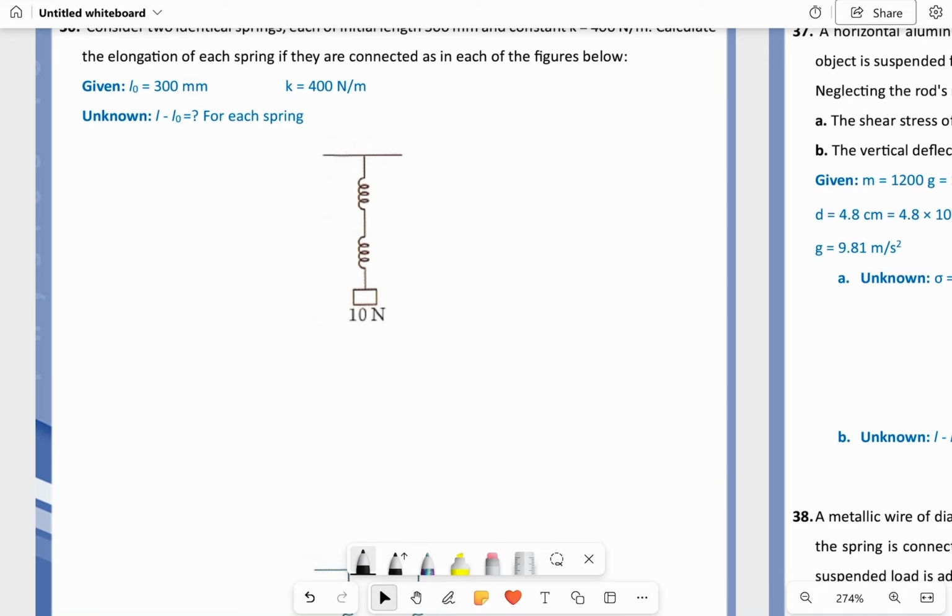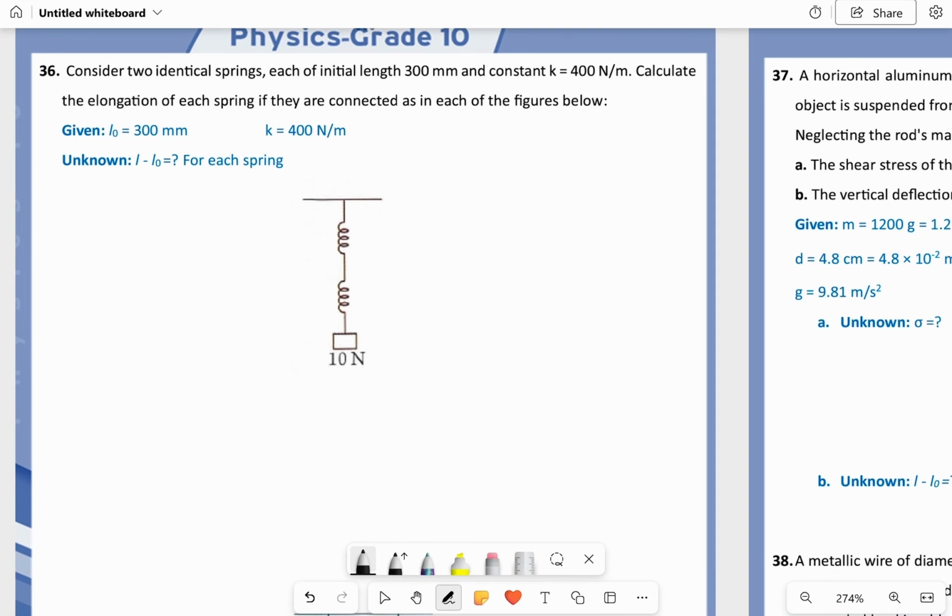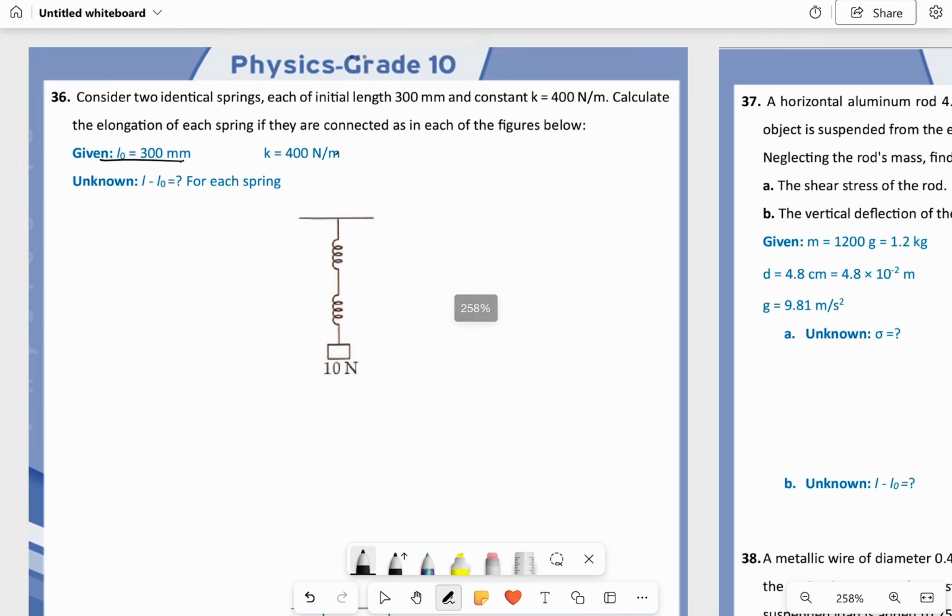So consider two identical springs, each of initial length 300 millimeter and constant K, which is spring constant, 400 Newton per meter. Calculate the elongation of each spring if they are connected as in each of the figures below. Guys, you have initial length equal to 300 millimeter, and spring constant equal to 400 Newton per meter.